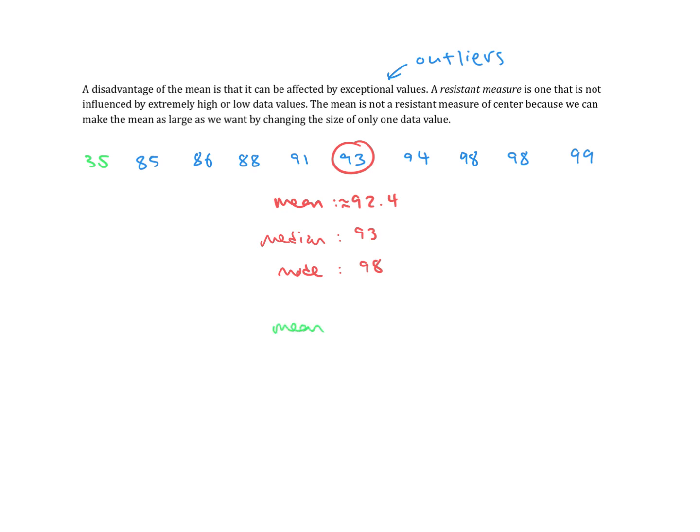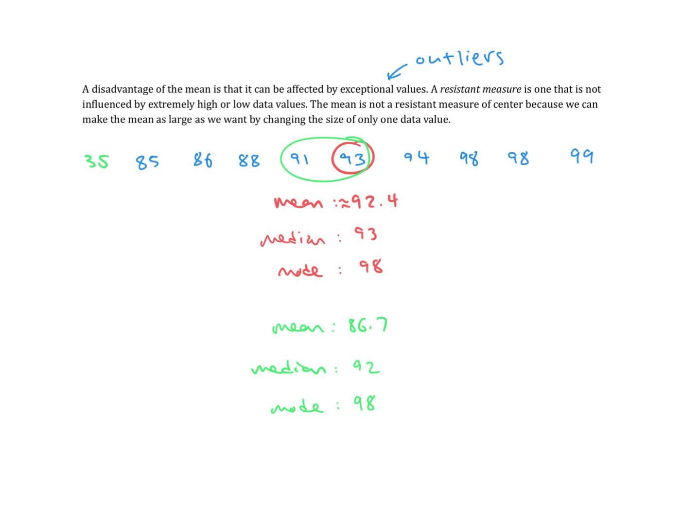The mean becomes 86.7. The median, now I have two middle numbers, and if I add them together and divide by 2, I'm going to get 92. And the mode is still 98.